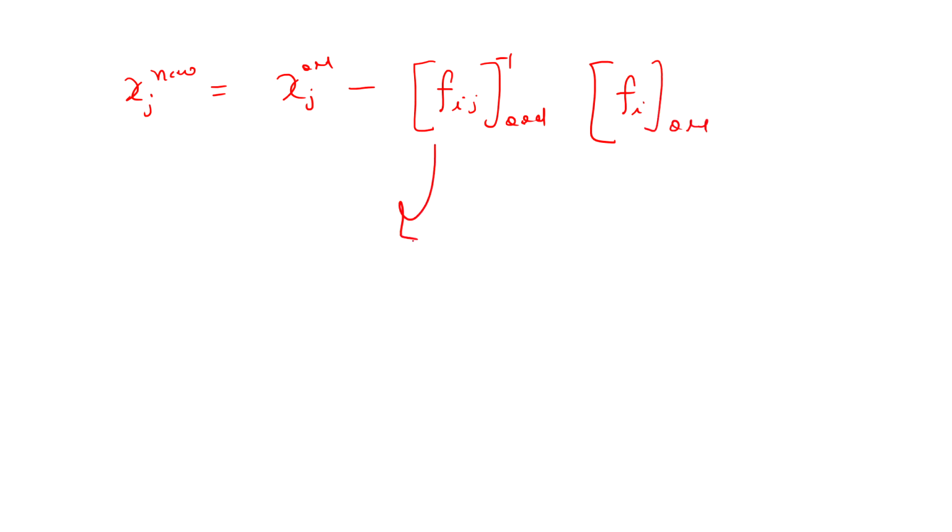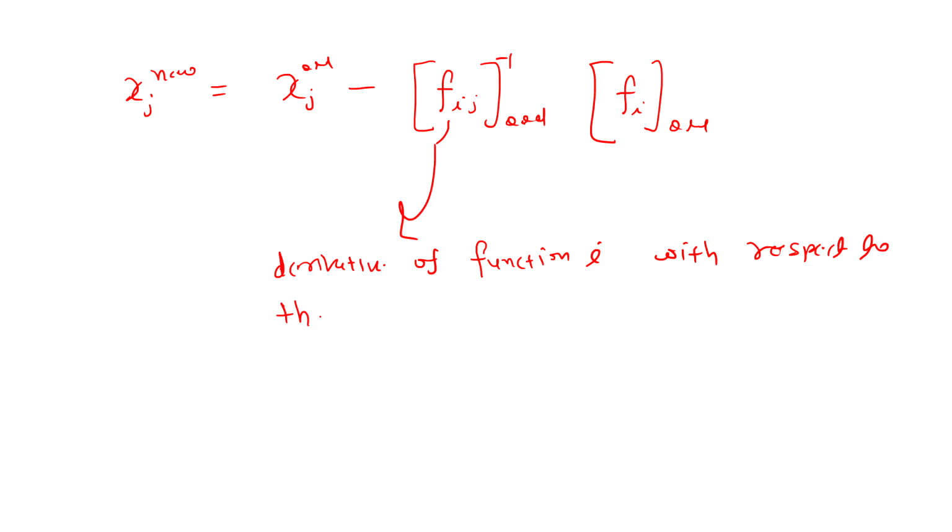So this is the derivative of function I with respect to the variable j, and this is the value of the ith function.